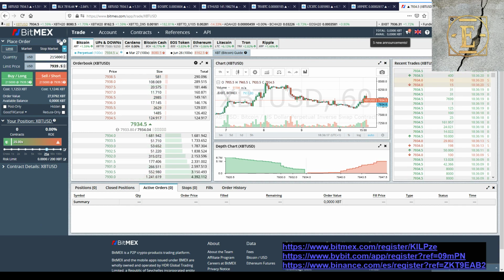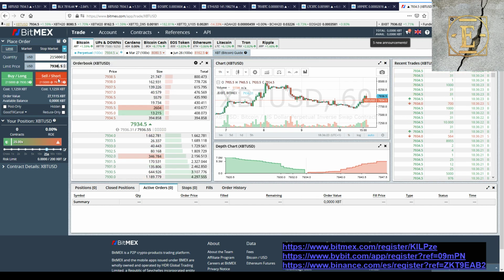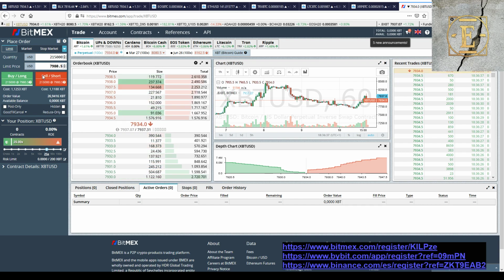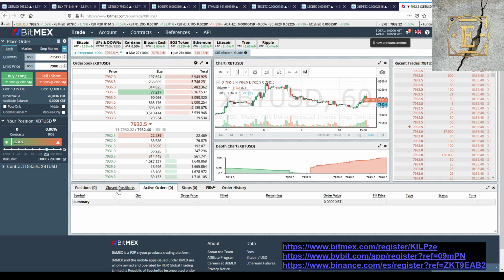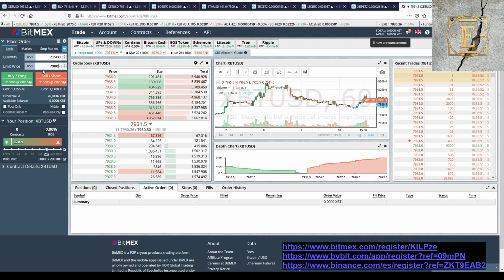For example, if I put an order at 7,930 and then the price goes down and I enter, I can put a limit order at 7,000 and a sell order at that level, and when the price arrives, it closes the position. But if the price goes against me and I get liquidated, for example, or my stop loss triggers, this order is not going to disappear.